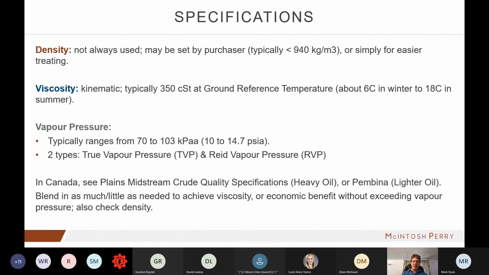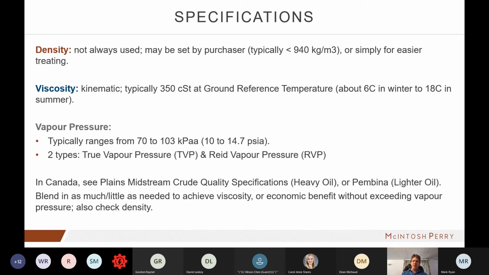Now, this ground reference temperature is a number that is set by the company that you're selling to, and it's around 6 degrees C in the winter and moves up to about 18 degrees C in the summer. And in between, spring and fall are quite often about 12 degrees C. So you would have to meet this 350 centistokes all year round.